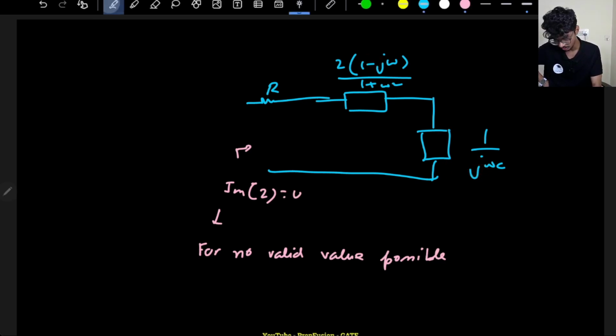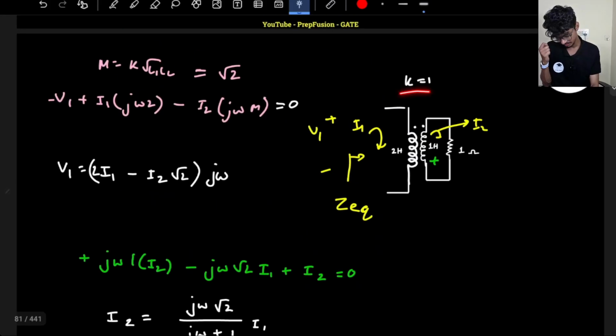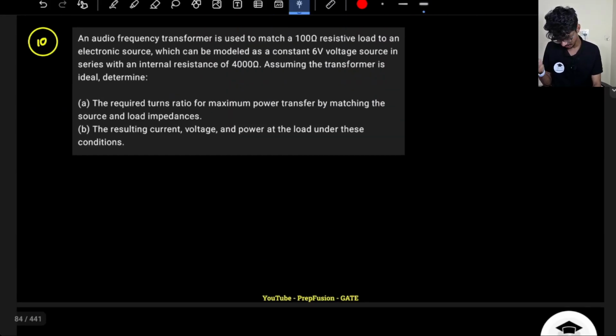If I take this j to the numerator, this will be minus j by omega c. Both are negative, so I cannot cancel them out. One has to oppose the other: one has to be positive, the other negative. So there is no valid value of omega. Only omega will exist for the first case. Just be careful regarding that.